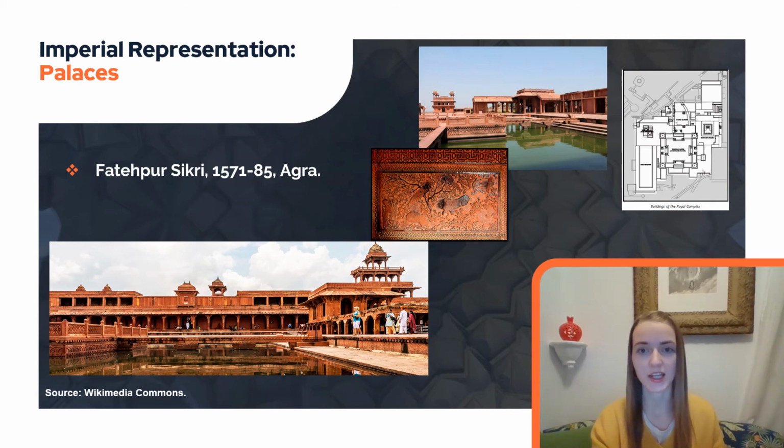The ruler's daily rituals included showing himself to the citizens, which is an old concept from Hinduism. This little pavilion above is the so-called Turkish Sultana's house, a pleasure pavilion which is elaborately decorated, also with figural imagery.